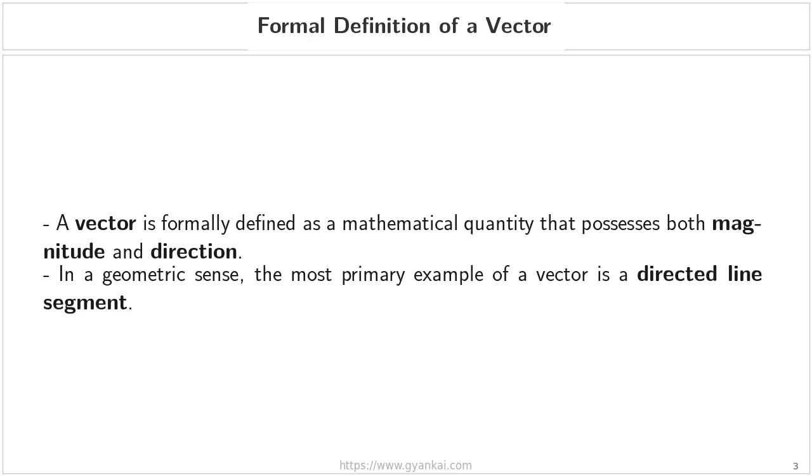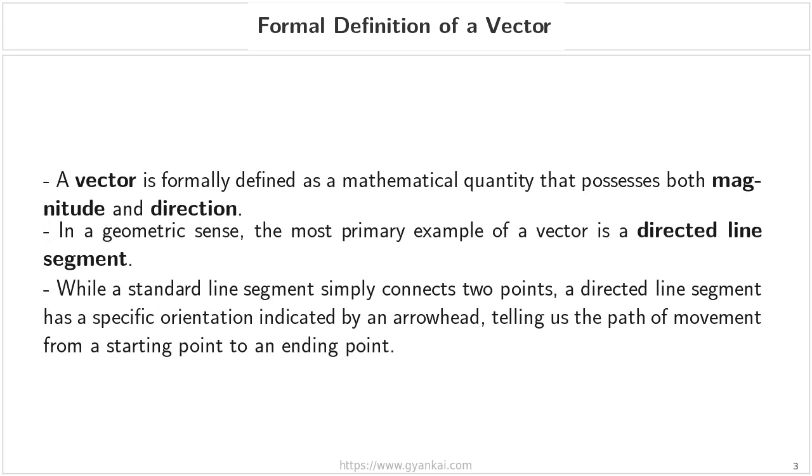To visualize this geometrically, the most fundamental example of a vector is what we call a directed line segment. Now you might be thinking, how is that different from a regular line segment we studied in basic geometry? Well, a standard line segment simply connects two points without any particular order. However, a directed line segment has a specific orientation.